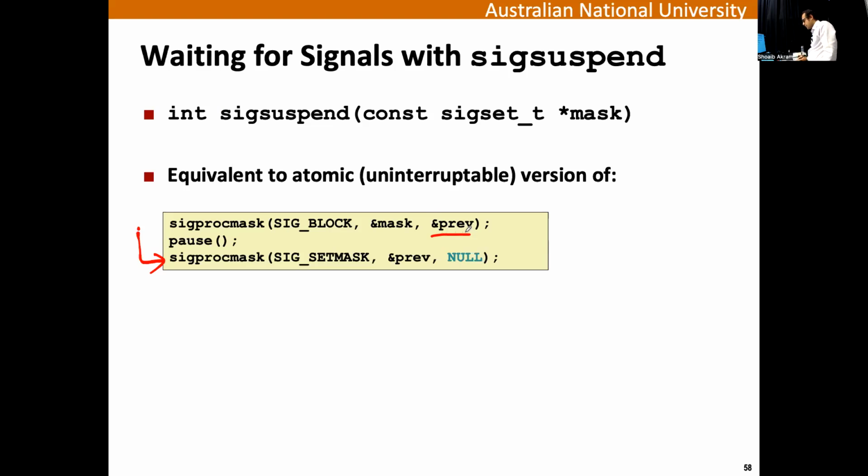So you won't have a situation now where you're trying to block the signals and you already get a signal delivered and you run the handler and then you come back and you call pause. These two are uninterruptible, and this is somehow guaranteed by the kernel.